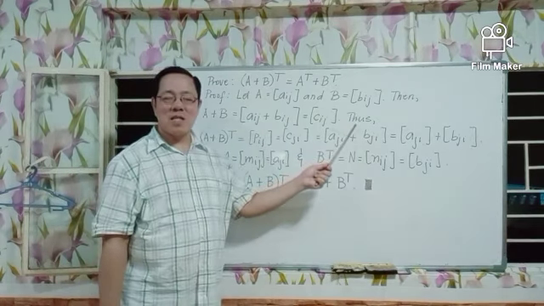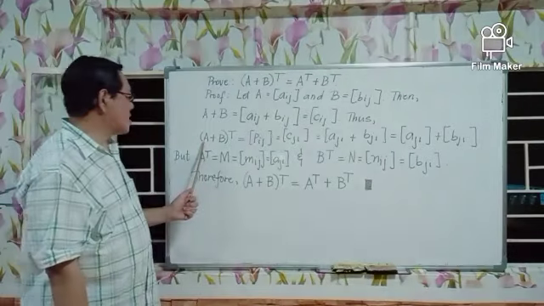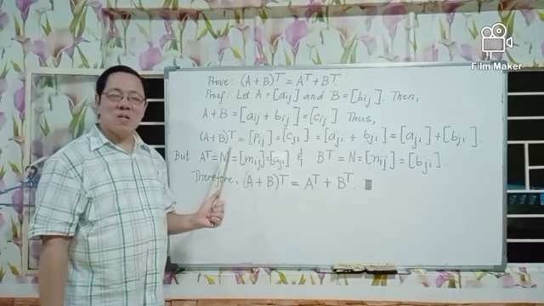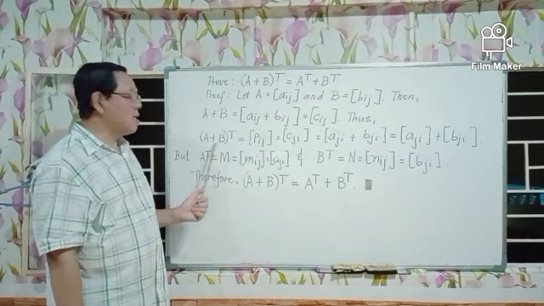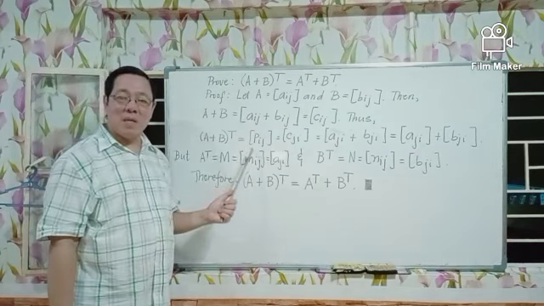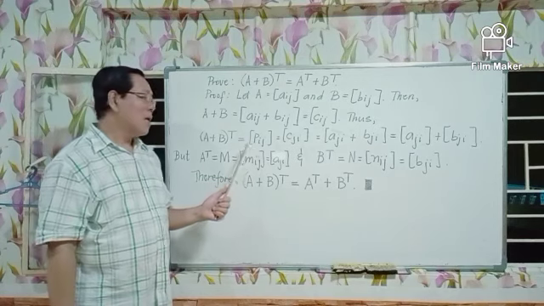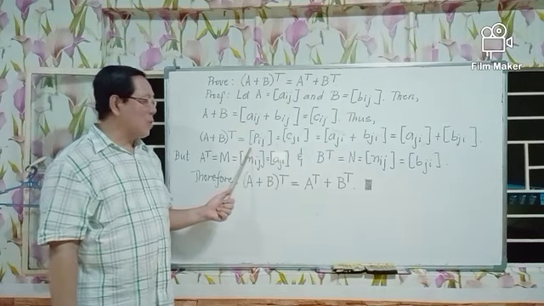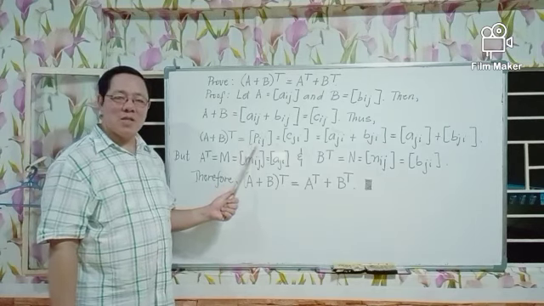Now we get the transpose of A plus B. If we denote the transpose of A plus B, or A plus B transpose, by capital letter P or as matrix P, we denote the entries of A plus B transpose by small p sub ij.